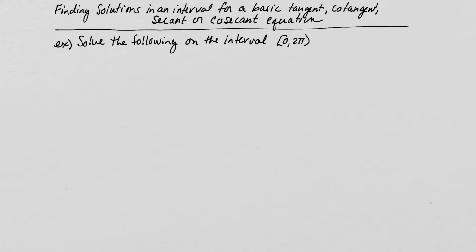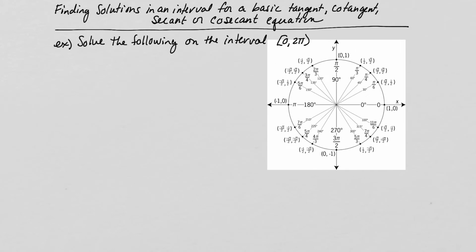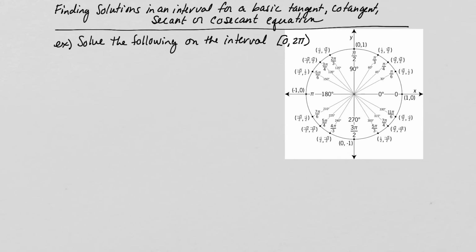So again, I am trying to solve these problems between 0 and 2 pi, and that again is once around the unit circle. So let me add in here the unit circle, so we have it over here to refer to if we need it.